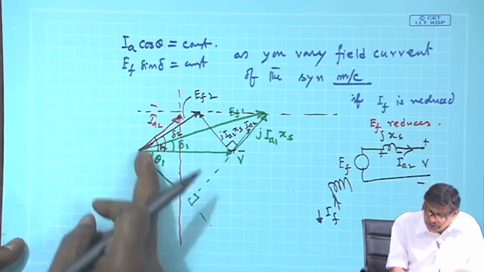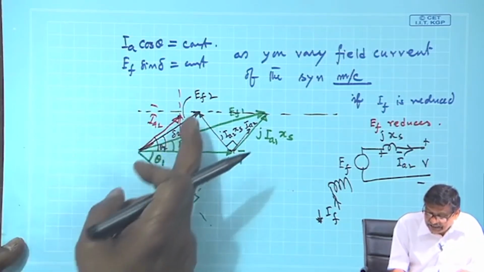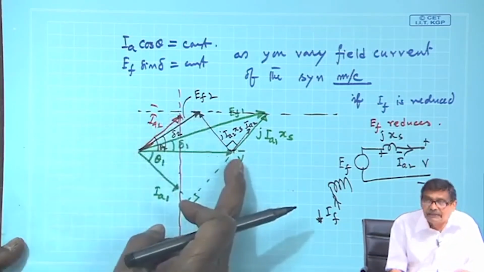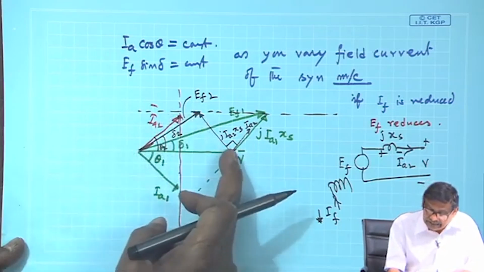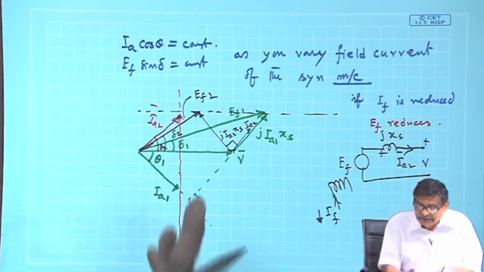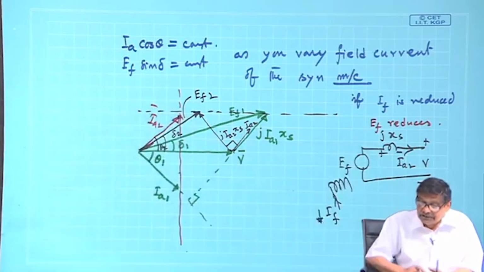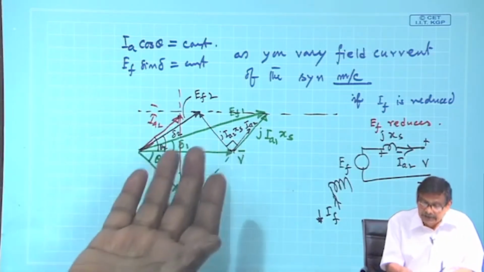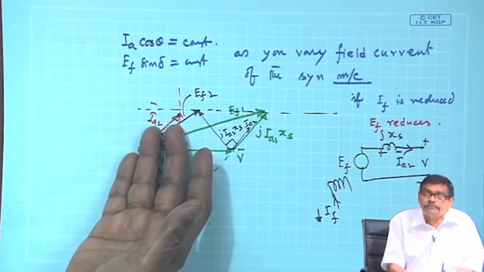And when you go leading, you see the length of E f has become less than the length of V, indicating that it is under excitation. So, if you under excite the machine in synchronous generator operation, the power factor may become leading.